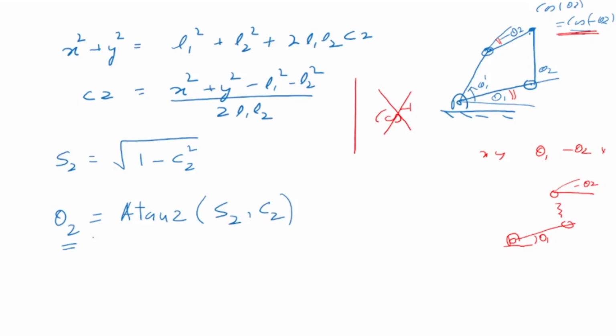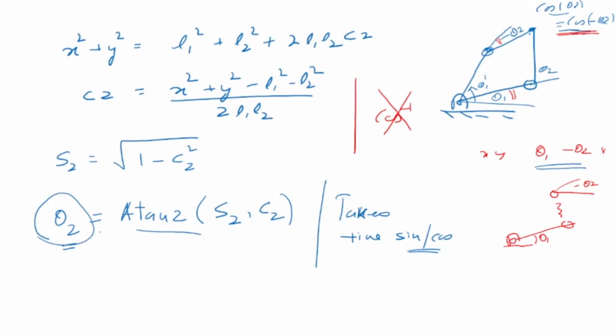It is special in the sense that it takes both the sine and cos terms, so it will not happen that it takes one as minus and the other as plus. The software may not be able to distinguish between this and that, because they are the same value. So this atan2 function takes both sine and cos, and once you use it, you'll get the value of theta 2.